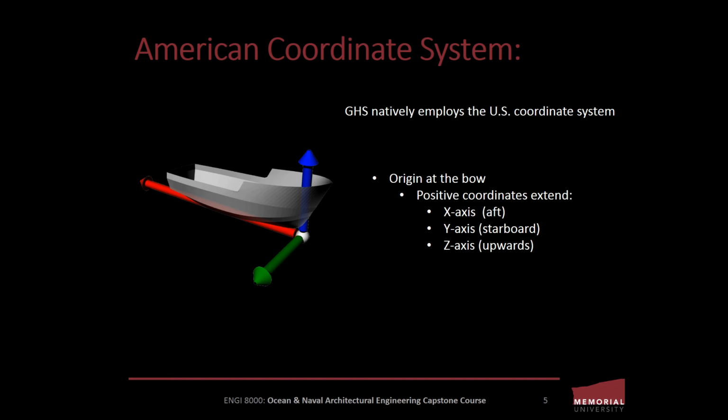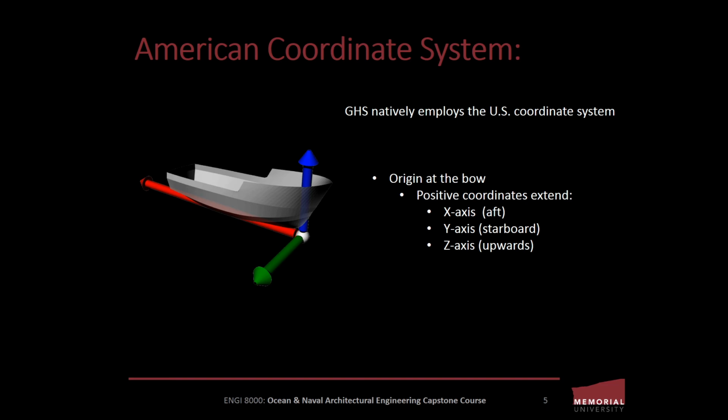It is customary to assign the primary longitudinal axis to the x-coordinate, the transverse axis is assigned to the y-axis, and the vertical axis is assigned to the z-axis. In this case, we can see that the positive longitudinal axis extends aft, the positive transverse axis extends to starboard, and the positive vertical axis extends upwards.